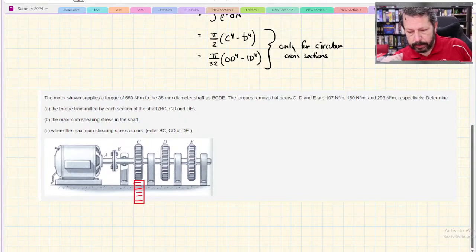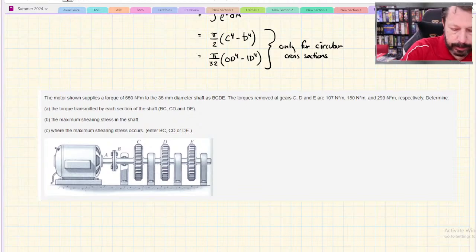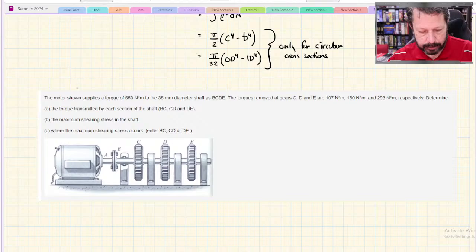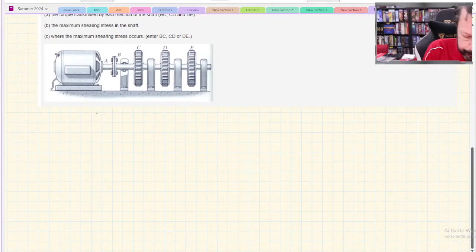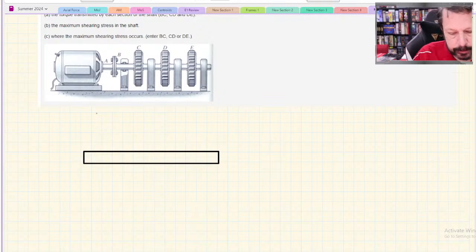So if we draw kind of our free body diagram of this thing, it would look something like this. I'm going to just draw the shaft. Maybe I'll draw the gears at C, D, and E, or some boxes for those so that we know where they're at. But let's draw our free body diagram of this thing. So here, that's the shaft that's running through the center of all this.